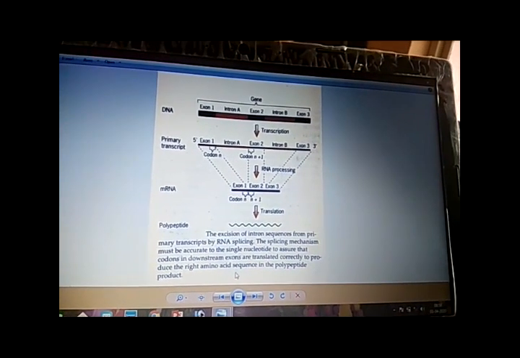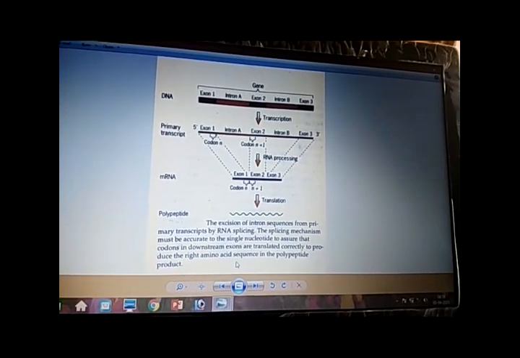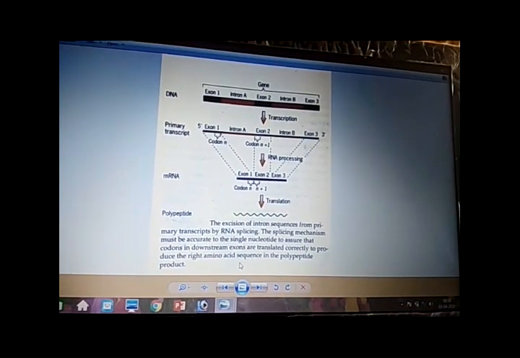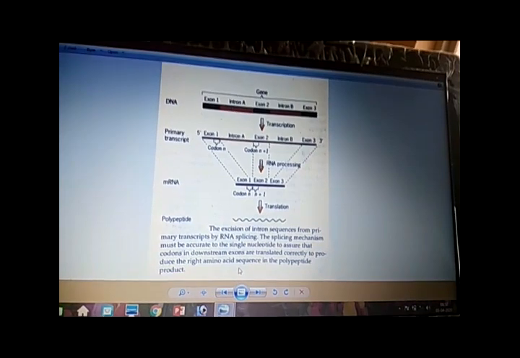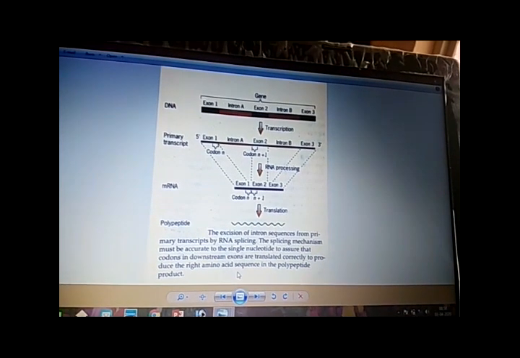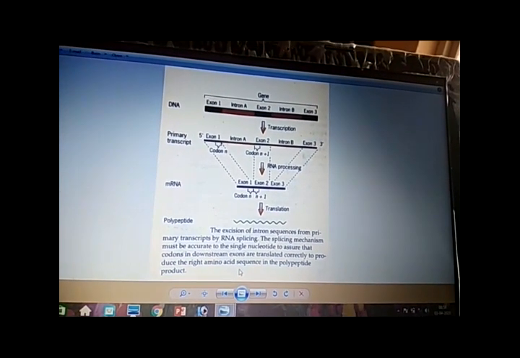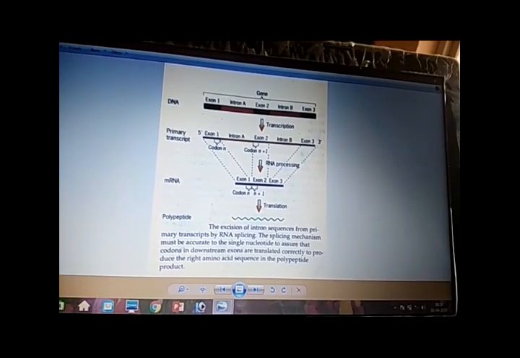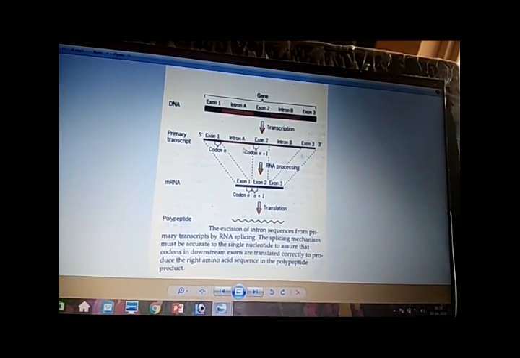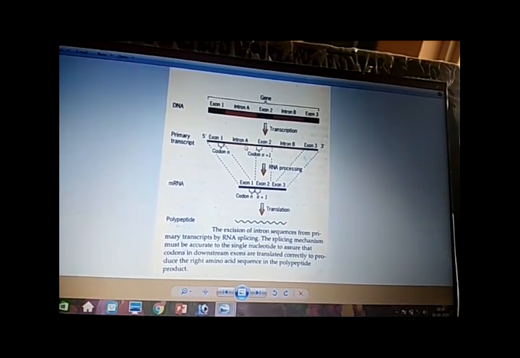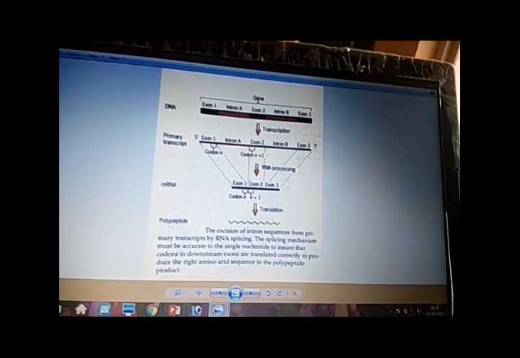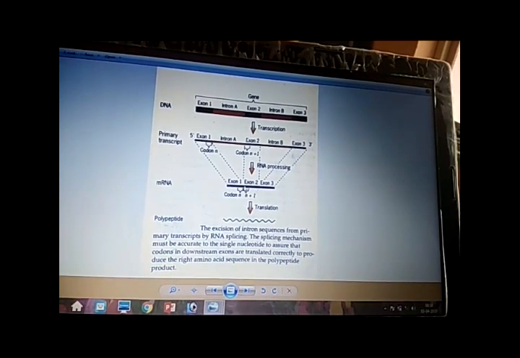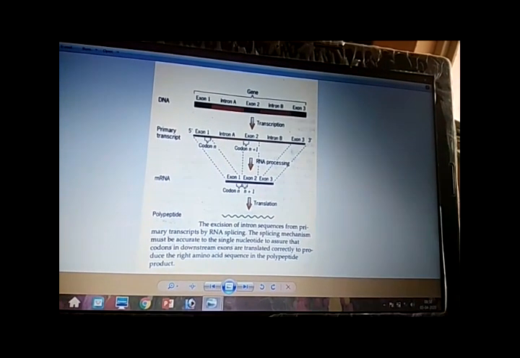That is, they do not produce any amino acids in the protein they encode. These internal DNA sequences are present in the initial primary transcript but are removed before the mature transcript takes part in translation.